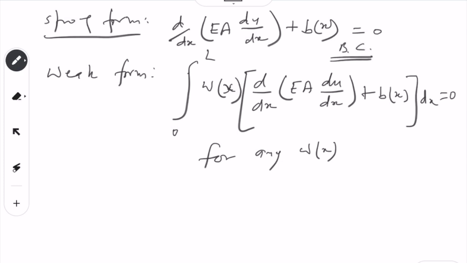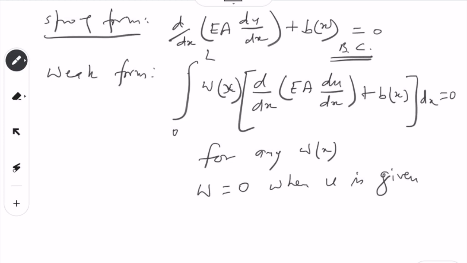And as I said earlier, at the essential boundary condition, where u is given, there we are not having any weight. So we will also write w equal to 0 where u is given.